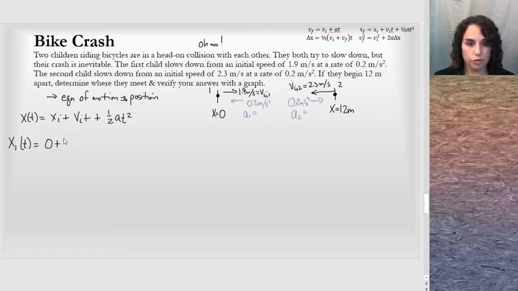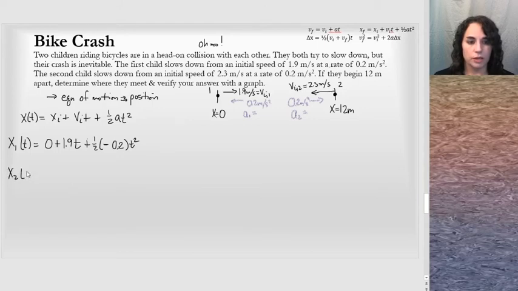It is moving at 1.9 meters per second, t. And then its acceleration is in the negative direction, right? Negative 0.2. And then I'm just going to tack on the t squared.